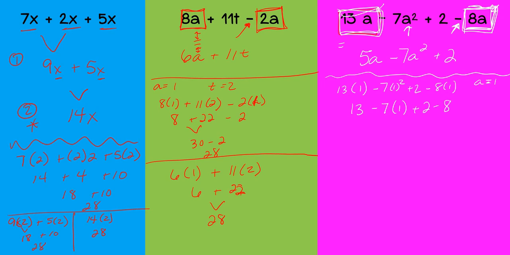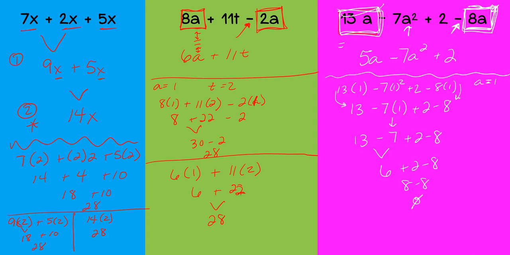So now we know using the identity property that these numbers, 8 times 1 and 13 times 1, should have just stayed as 13 and 8 because we were multiplying by 1. And then here we also know that 7 times 1, using the identity property, is going to stay the same. So I can just pull everything else down and work my way across. So 13 minus 7 is 6, plus 2 minus 8. 6 plus 2 is 8 minus 8.